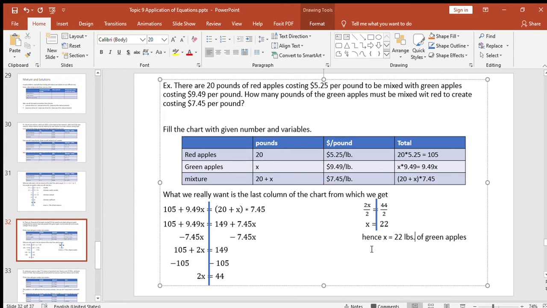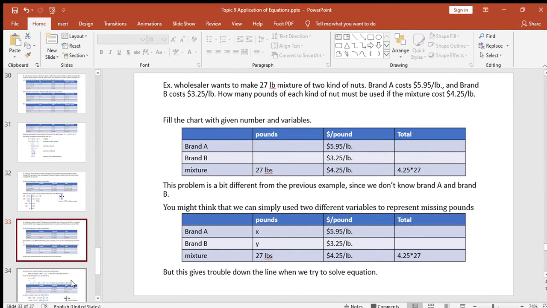But I can only say that because I already know it's going to be 22 pounds. So just ignore the last part, my bad, if that confused you.